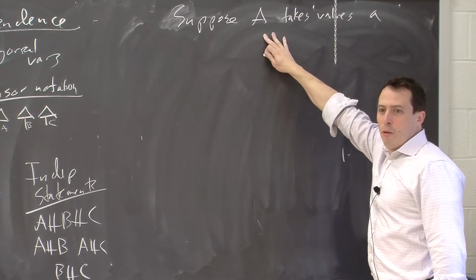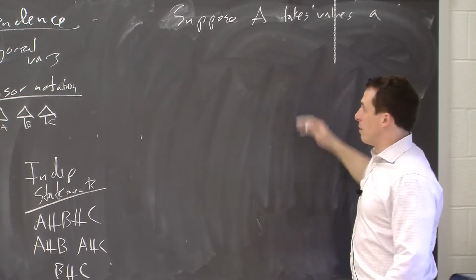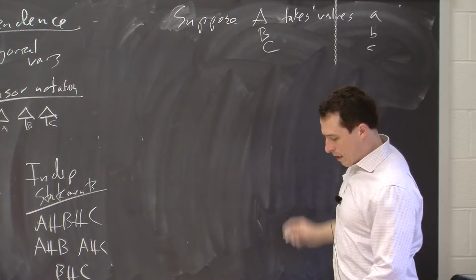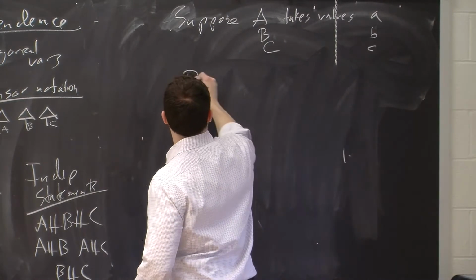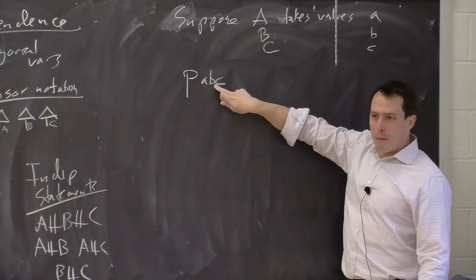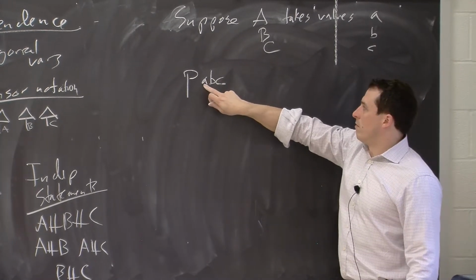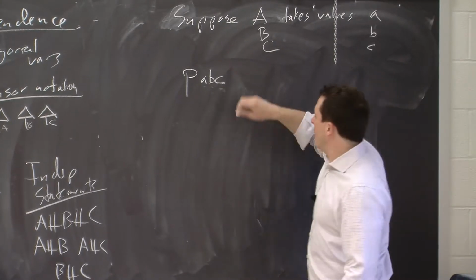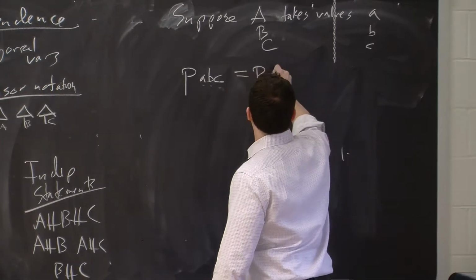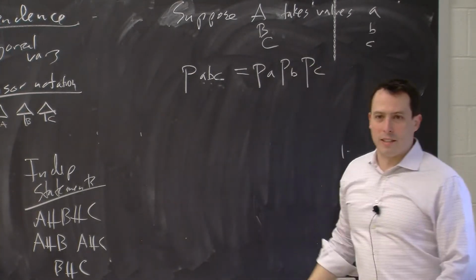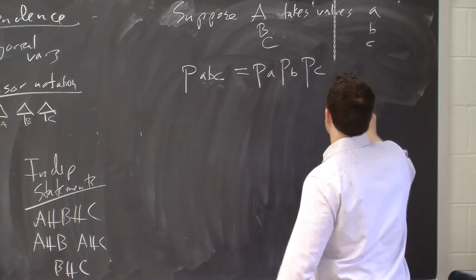This is the random variable, which could take values red, green, or blue. B, little b, C, little c. Then in an independence model, we're saying that the probability of the outcome ABC, red, small, 1299, is equal to the probability of A, probability of B, probability of C. Right? It's a factorization property.